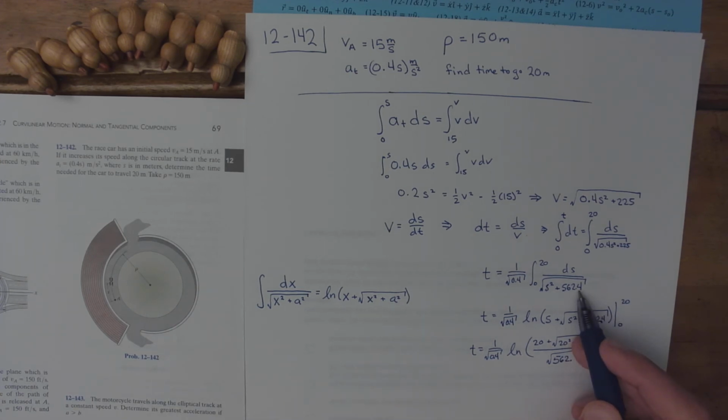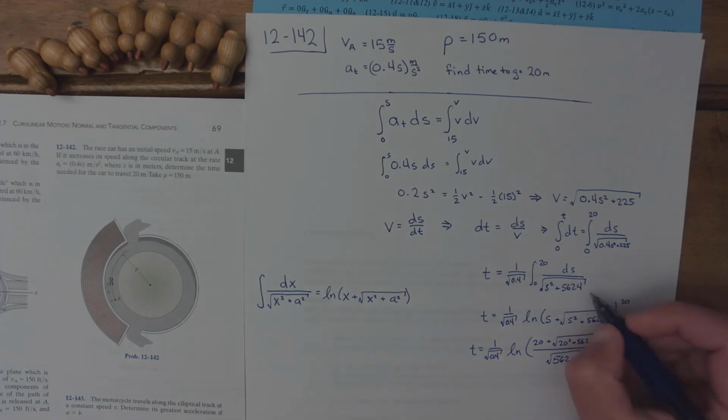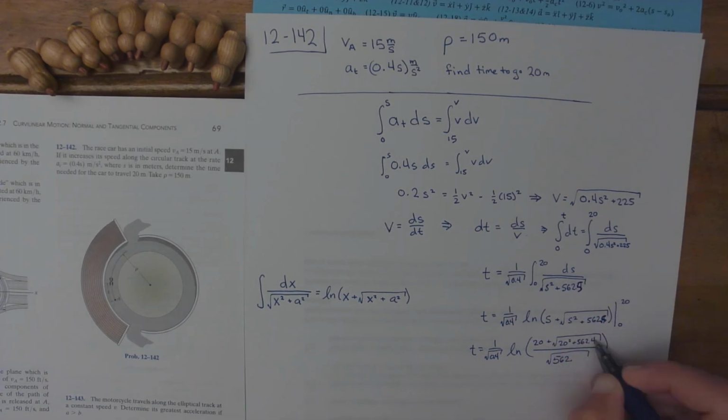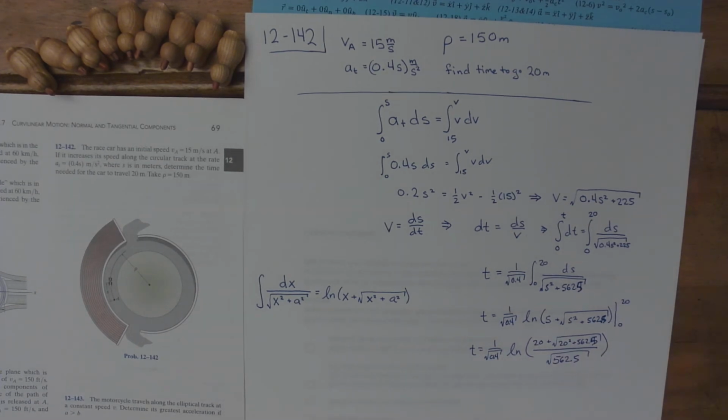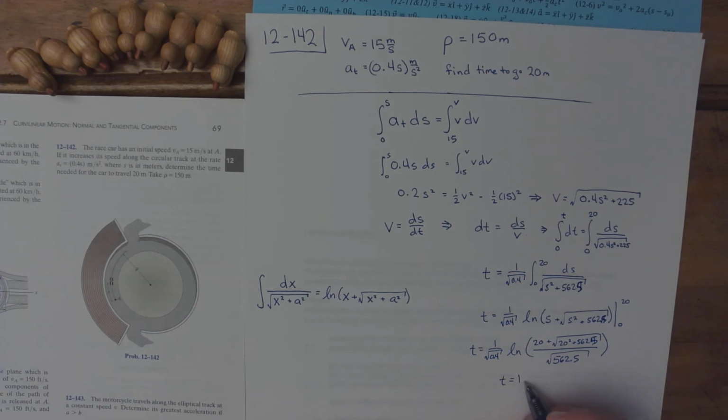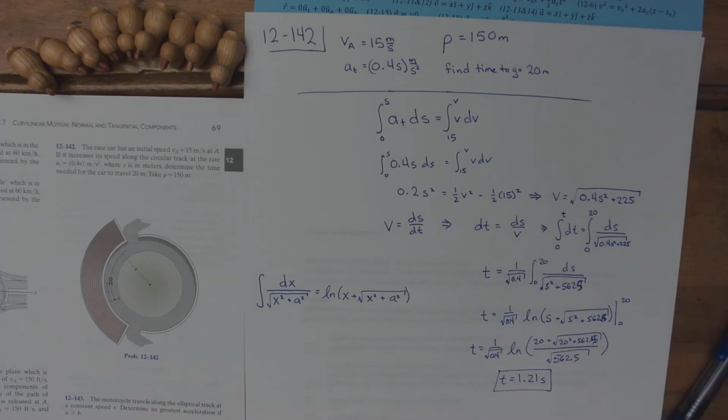When I pulled the 0.4 out, this should have been 562.5. So that should be a 0.5 everywhere. Okay, so then finally we get t is equal to 1.21 seconds, and that is the time needed to go 20 meters.